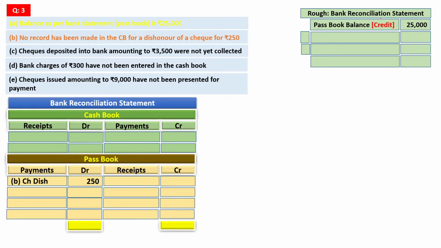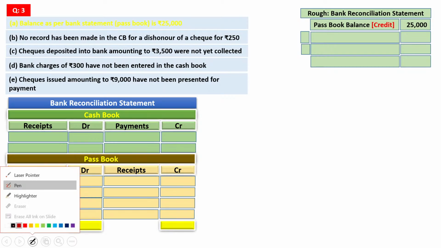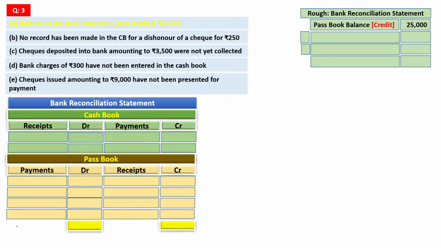Okay. See, when I receive the check, some confusion will be there for some of you. Let me explain that logic here. See, cash book, passbook. When I receive the check, I will post that here.